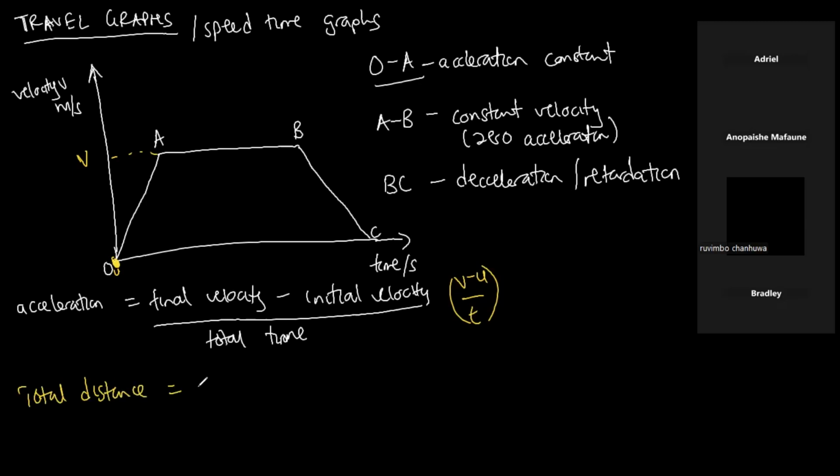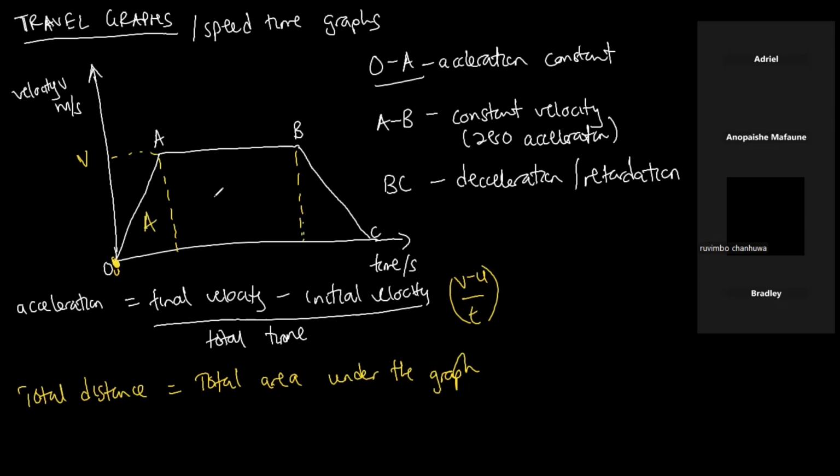Okay, so how do you find the total distance? The total distance is given by the total area under the graph, right? So for this example, a motion of this body or particle, if we want to find the total distance that it travels, we divide the shape into many shapes that are easier to calculate.